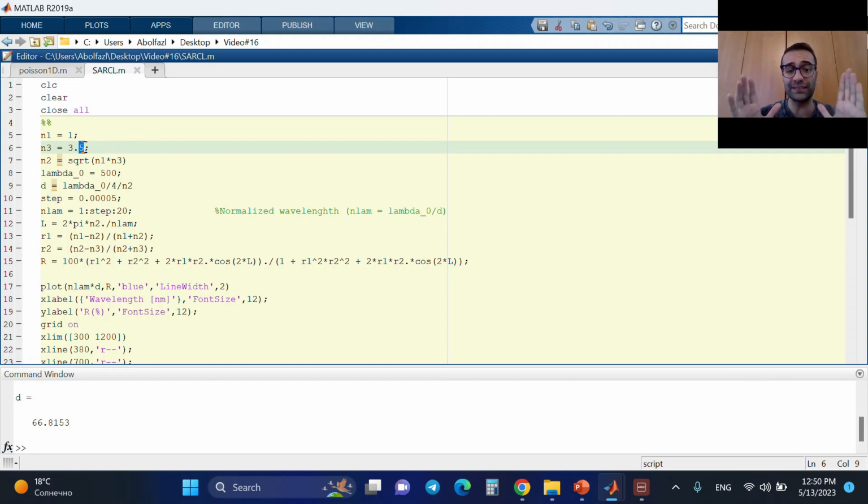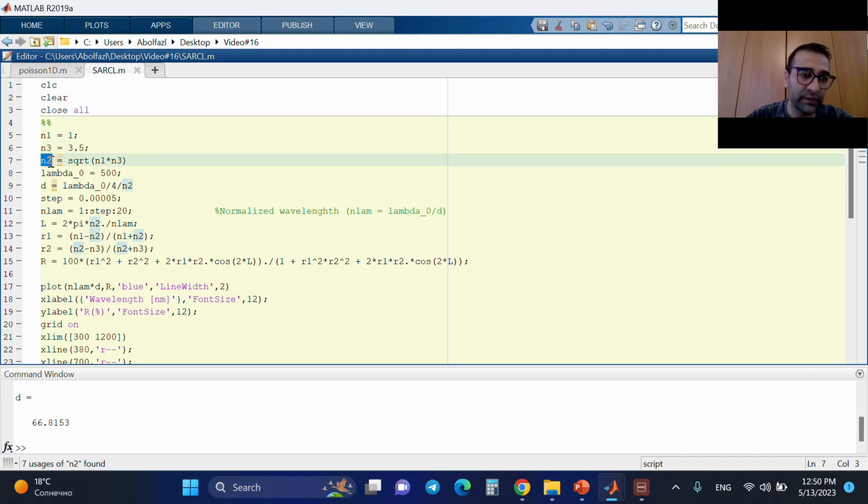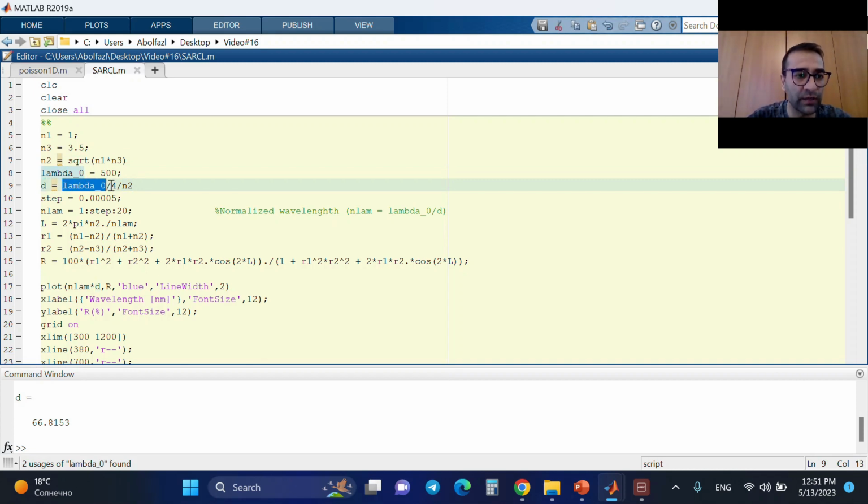Please note that in these 3 layers we assume that there is no absorption and all refractive indices are real. Therefore we define that n2 is the square root of n1 times n3, and when the thickness is lambda naught divided by 4 divided by n2, reflection is 0.